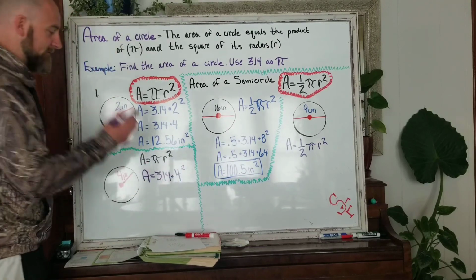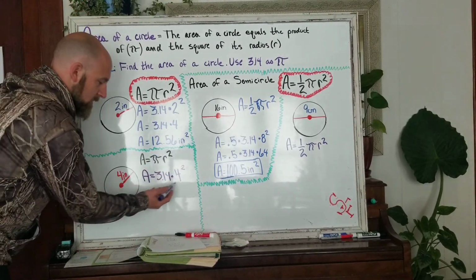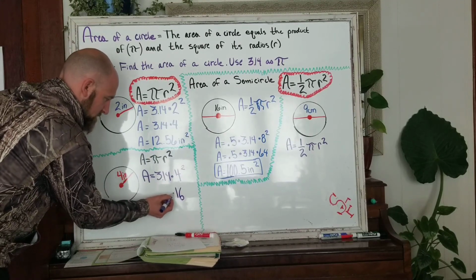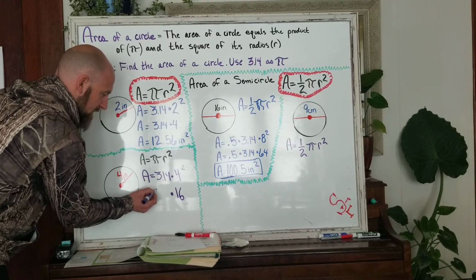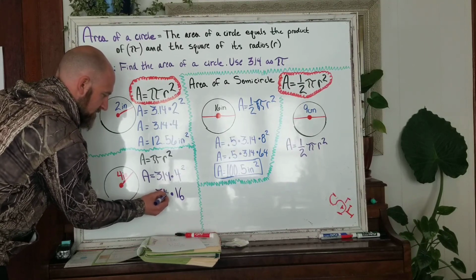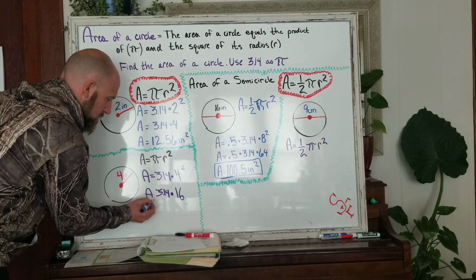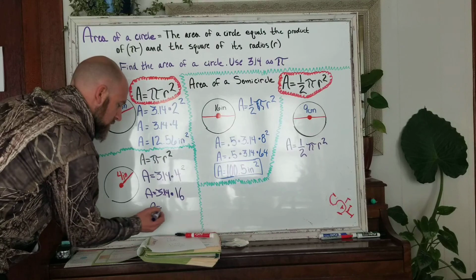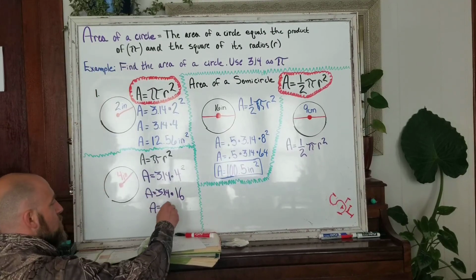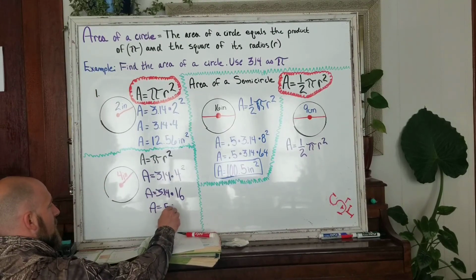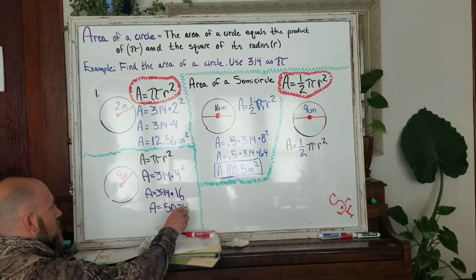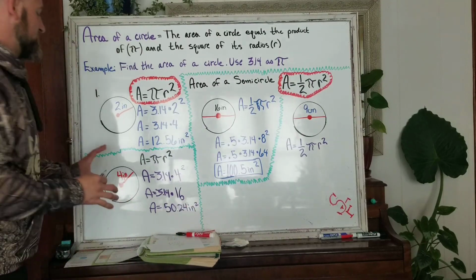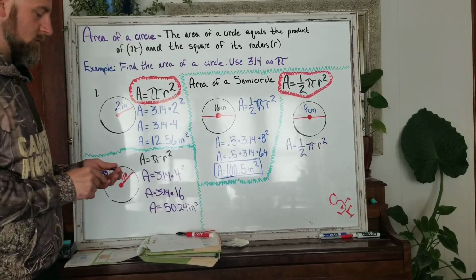Remember, 4 squared is that number times itself, so 4 times 4 gives you 16. We still have to multiply that by pi, 3.14. So A is equal to 50.24 inches squared. The area of this circle is 50.24 inches squared.